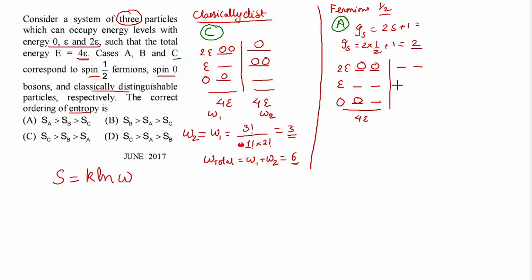And similarly, the second way of arranging is that we can place 2 particles over here and 1 particle over here. Okay, so in this way the total energy will be 4 epsilon again. Now the thermodynamic probability, we know that for fermions we calculate it as Gi factorial upon Ni factorial into (Gi minus Ni) factorial, product over i.